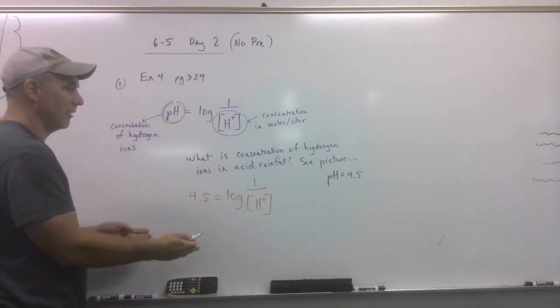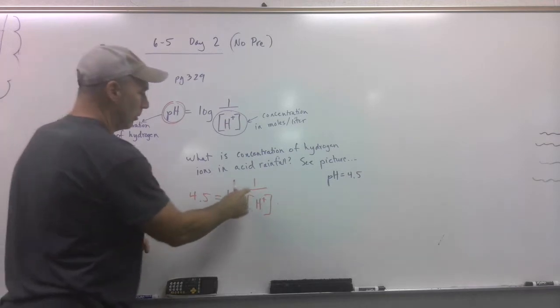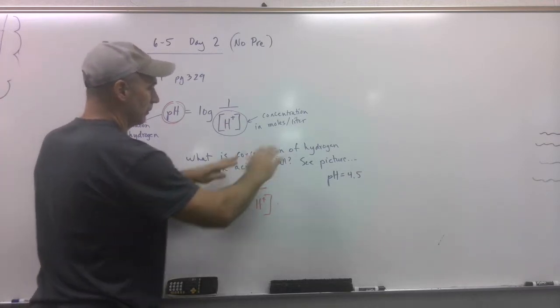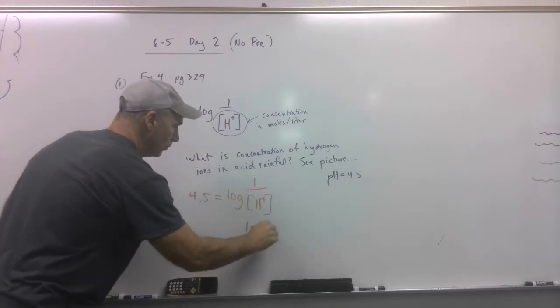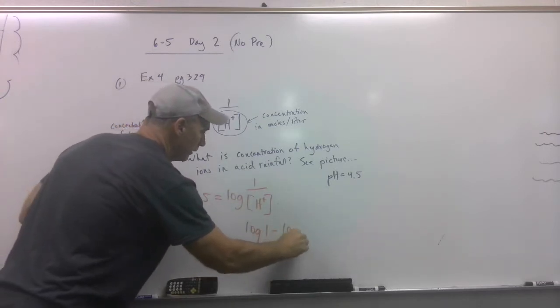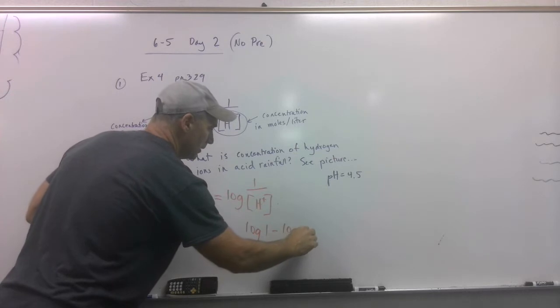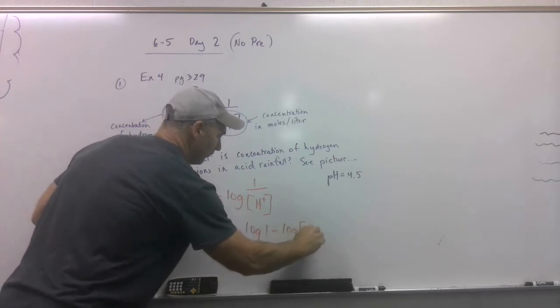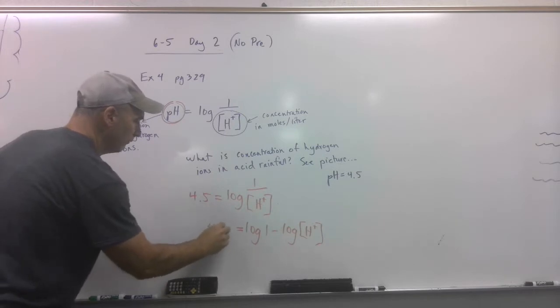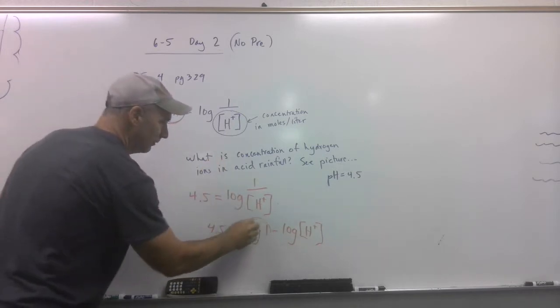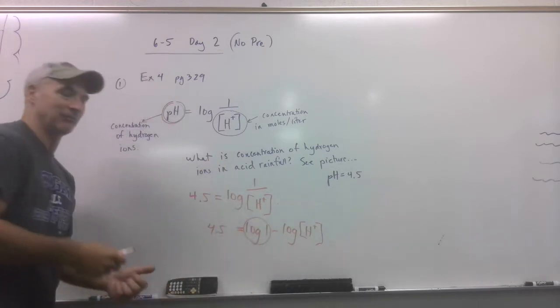Looks like, how do I solve this? Remember our rules. Division, this is the mole, boom, log of the numerator minus the log of the denominator. I'll stick with the symbol for a while, equals 4.5. Now in a previous moment I said this is kind of like a law.